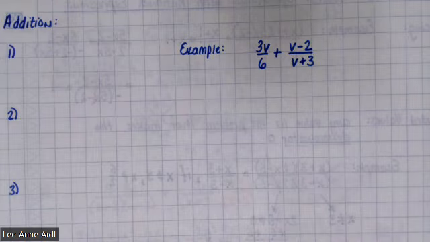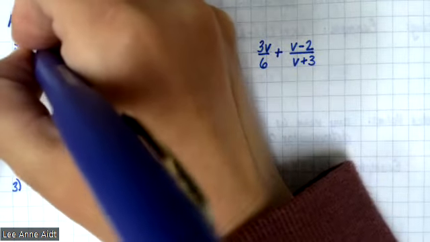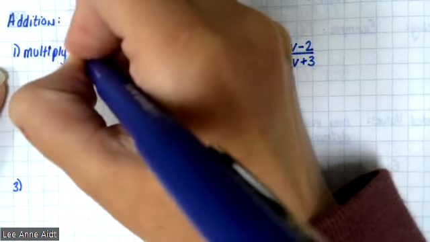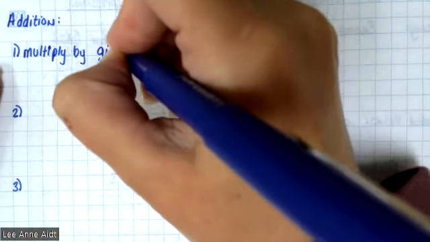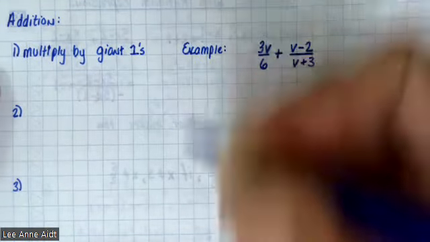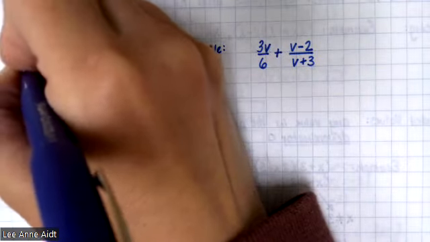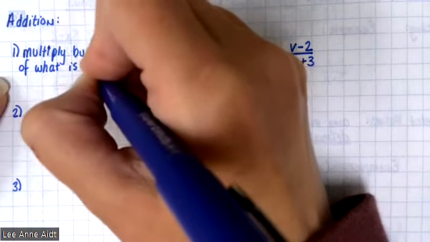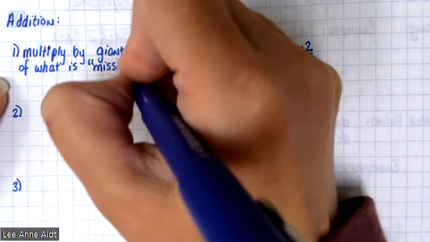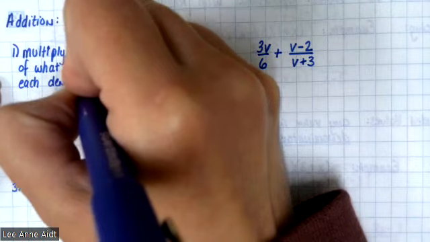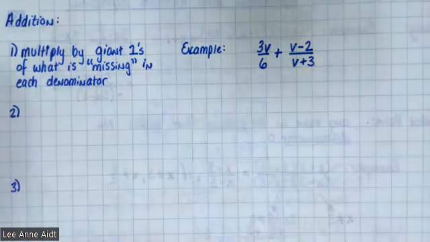All right, here we go. Step 1. Multiply by giant ones of what is missing in each denominator.